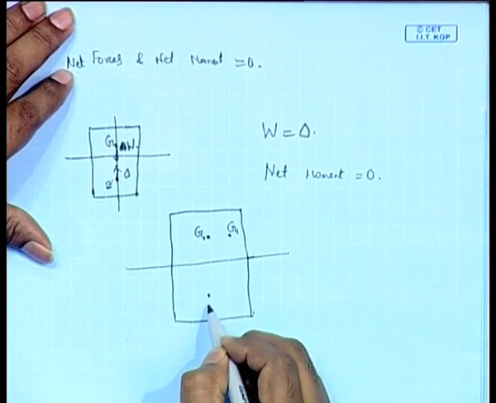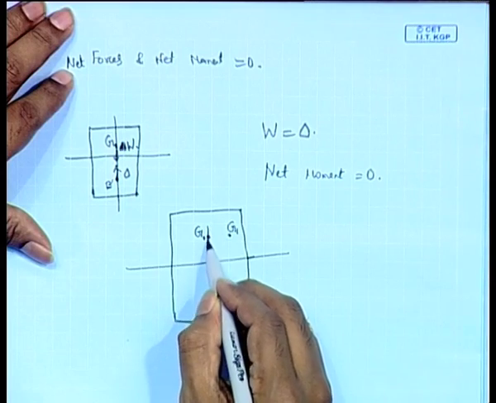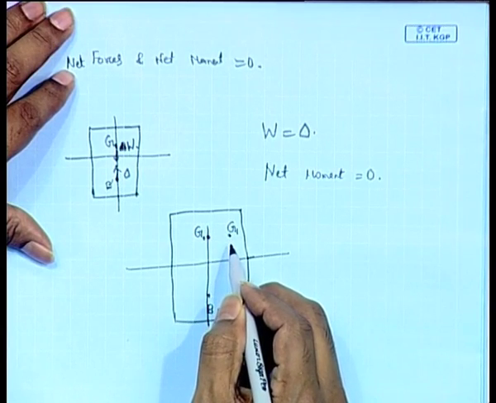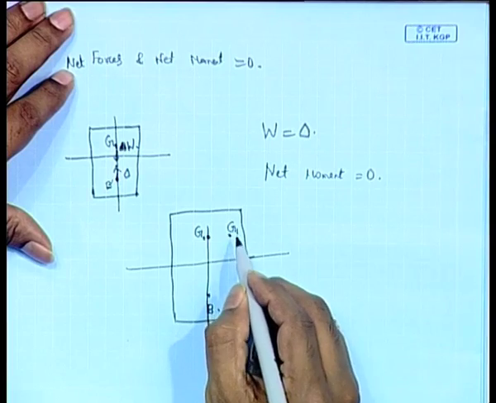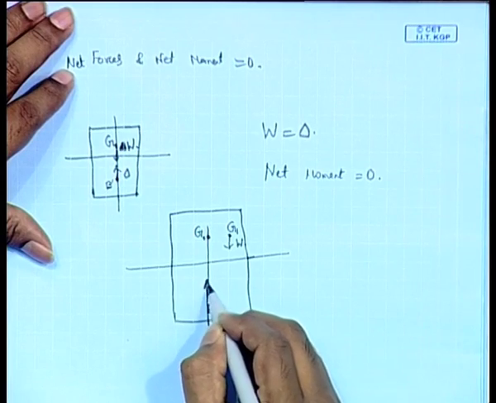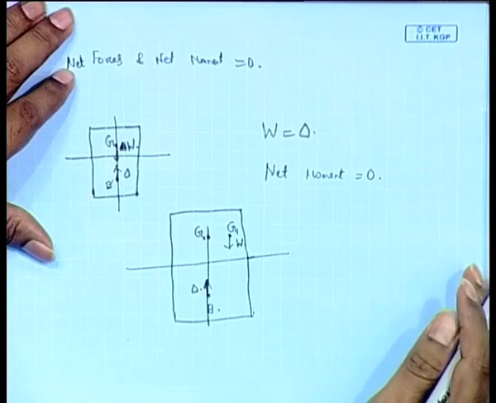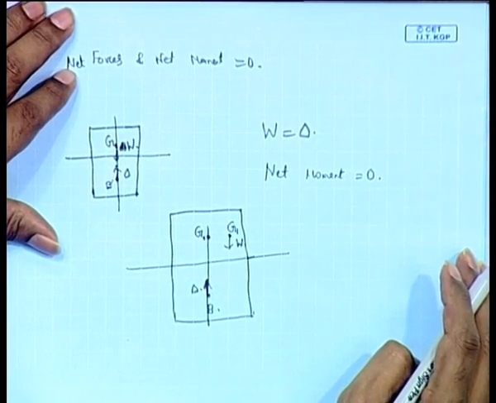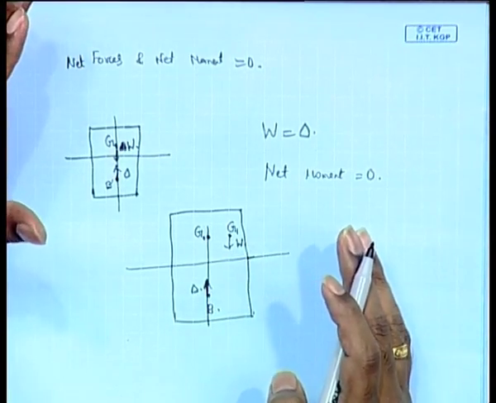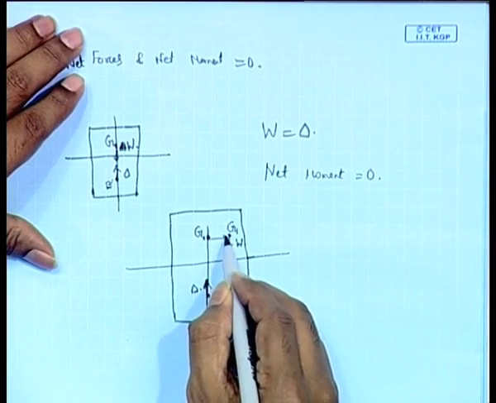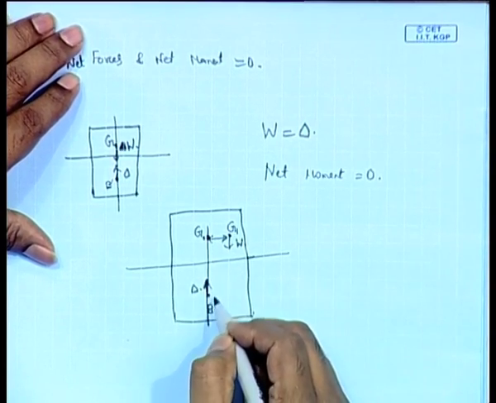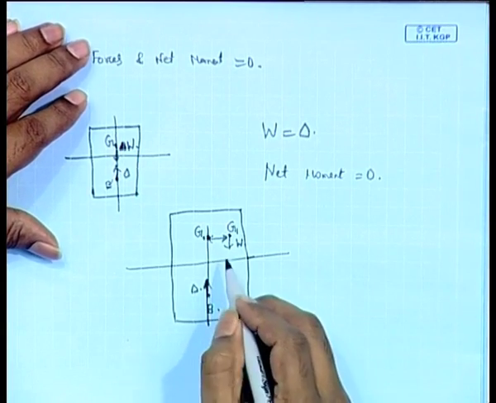The center of buoyancy is here at B. Initially it was in the same straight line, but now G1, the new center of gravity, is displaced, and here the weight W acts, and here just as before the displacement acts upwards. So the buoyancy force and the weight are separated by some distance.